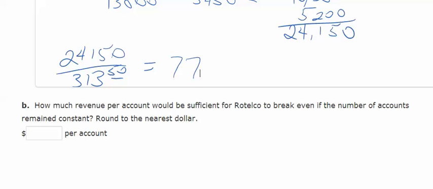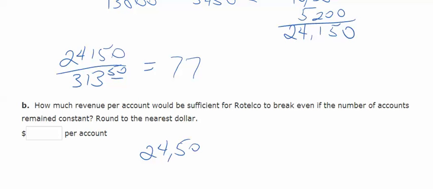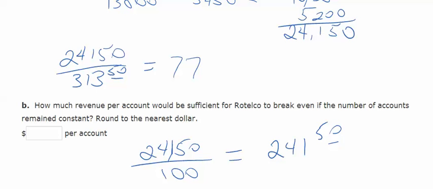So I would take the fixed costs of $24,150, right? If I have 100 accounts, I can divide that by 100, and that will tell me how much contribution margin per unit I would need. It'd be $241.50 per account.